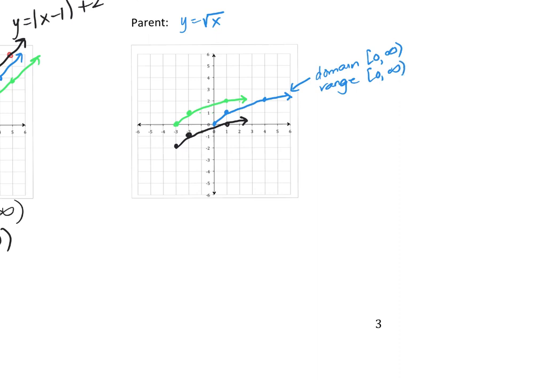So x values 0 and anything positive, y values you get 0 and anything positive. So since I did a shift of plus 3 to the left, notice that my first x value is actually negative 3. It's opposite of what you do.